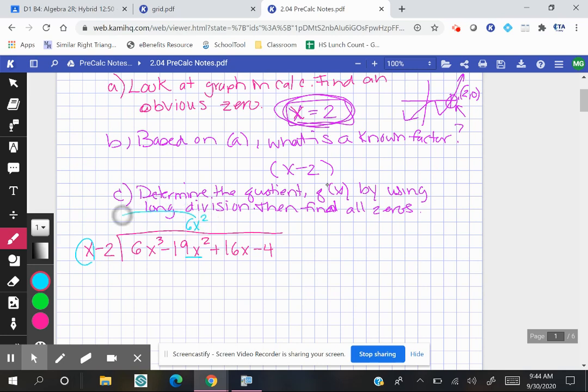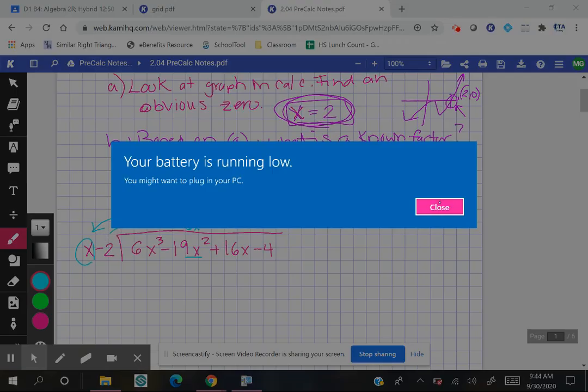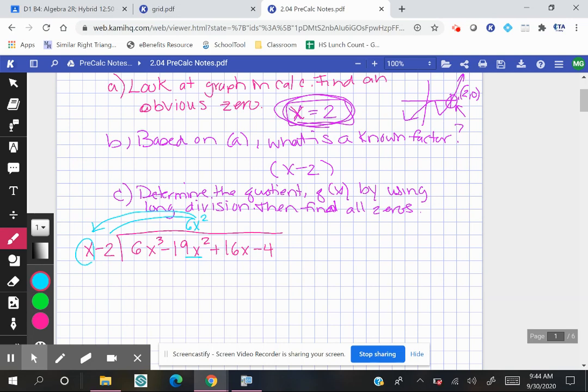So 6x squared. Now I'm going to distribute and multiply through by that term. So now I have 6x to the third minus 12x squared. And then remember that you want to switch the signs on that teal polynomial because you're subtracting the entire polynomial.